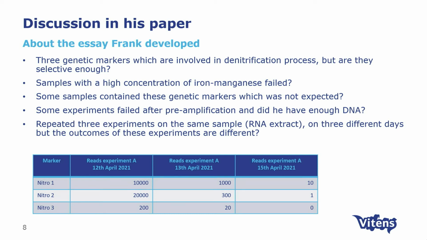But he didn't store the genetic material well. So that's also something you have to put inside your standard operating procedure. This is a small example that you have at your lab: how do you deal with storage of genetic material?